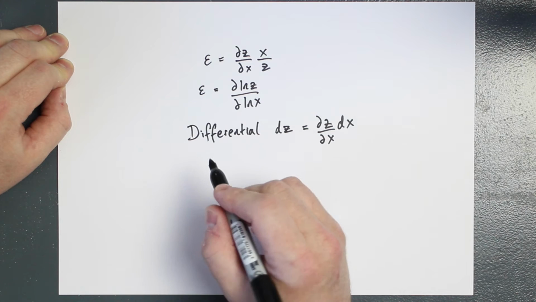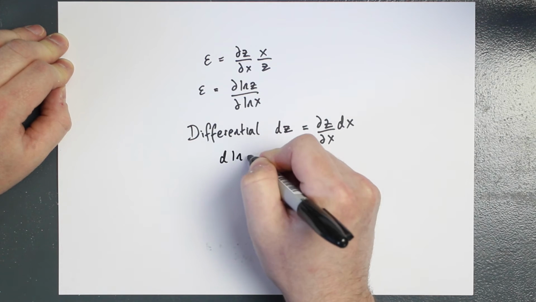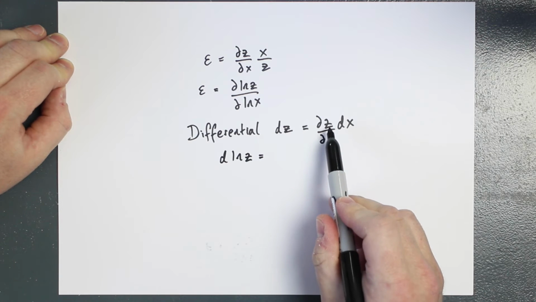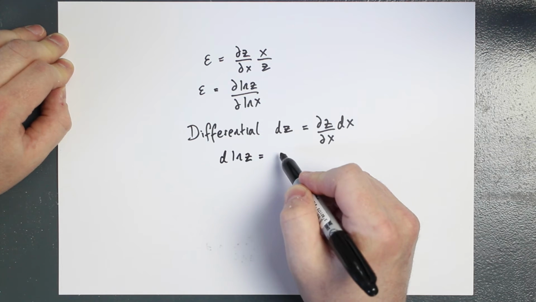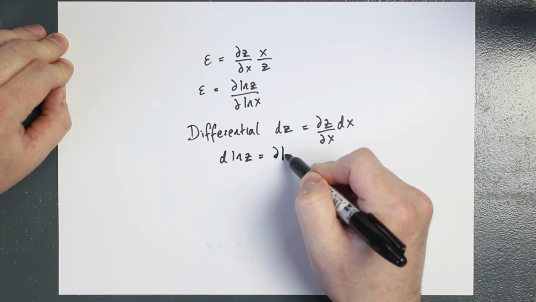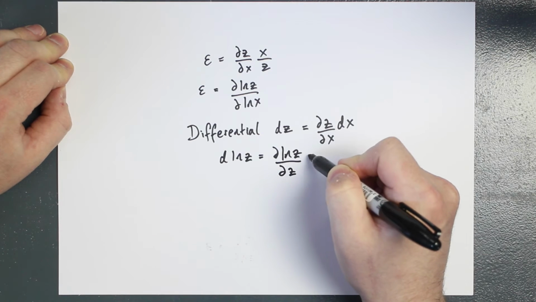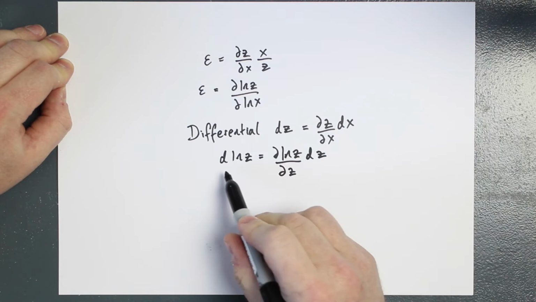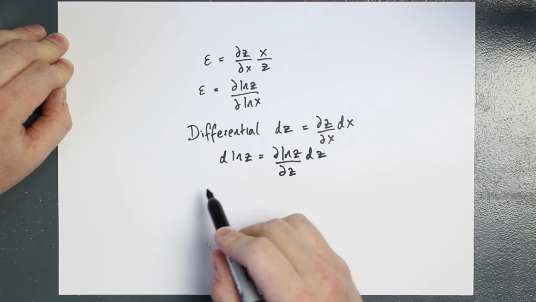So if we use this formula, we can see that the differential of log z, here we would have the partial derivative of log z with respect to z, for instance, would be, let's just write that out. The partial derivative of log z with respect to z multiplied by dz. Okay? So this is just using the definition of a differential.